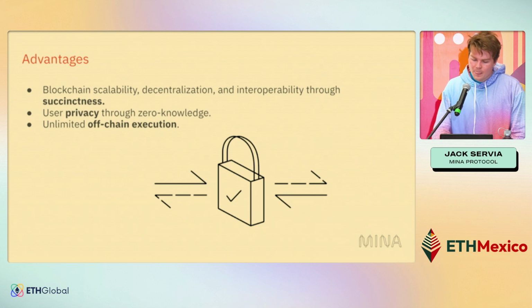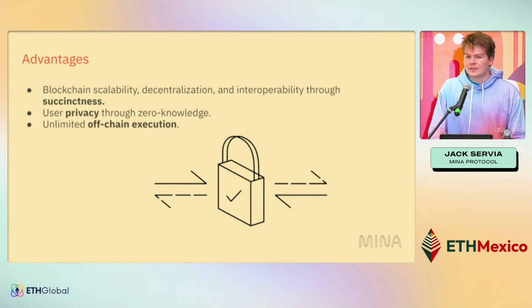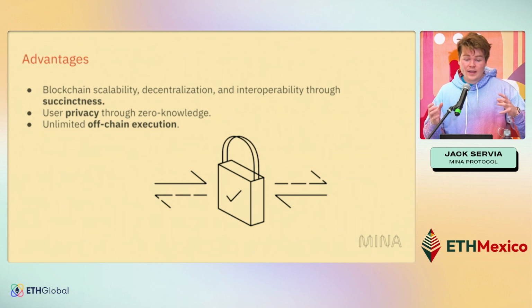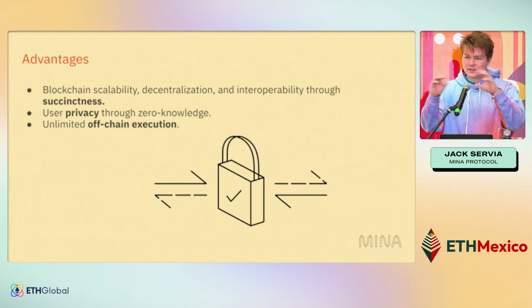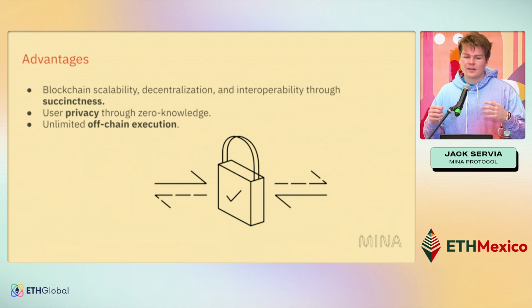And then you also have this interesting idea of interoperability because you can verify the entire Mina state in a single proof. If you can write, let's say, an Ethereum contract that verifies this proof, you can bridge the entire Mina state to Ethereum in one single non-interactive transaction. You just send the proof to this smart contract on Ethereum.